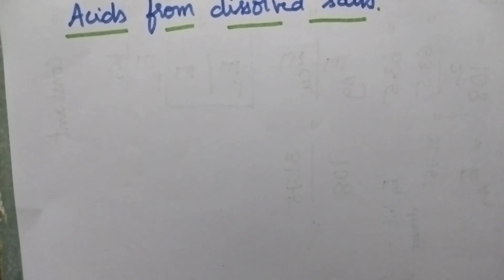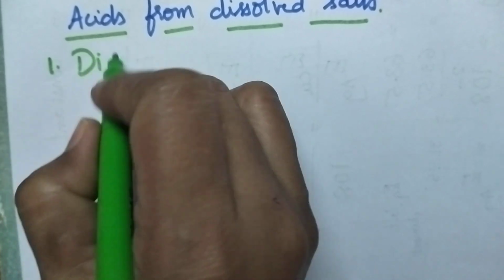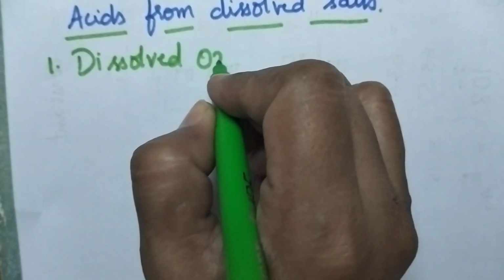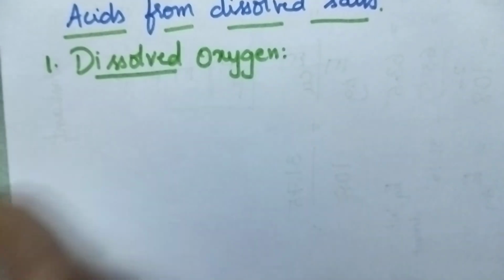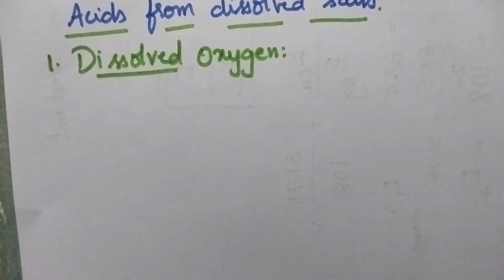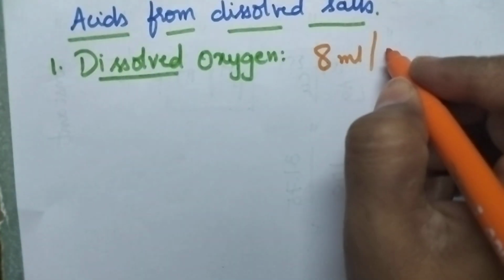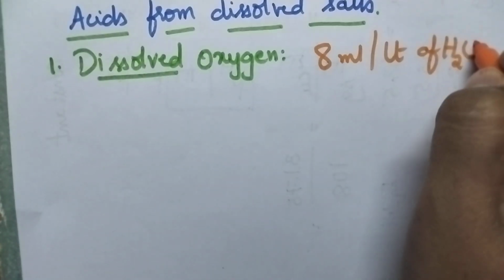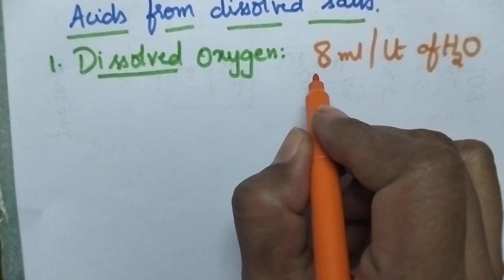So, the first factor is dissolved oxygen. In general, 8 ml of oxygen will be present in the dissolved state per liter of water, and hence it is called dissolved oxygen.